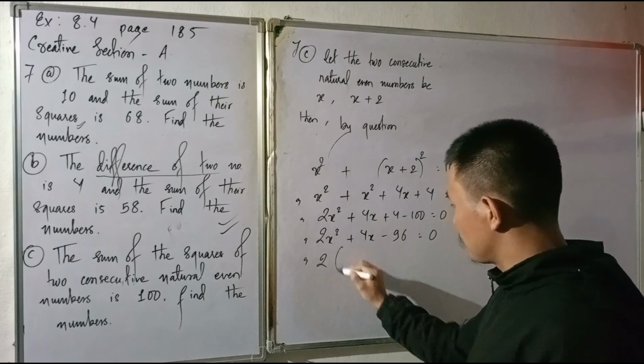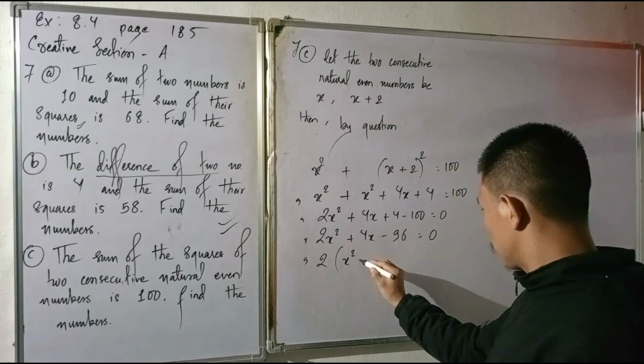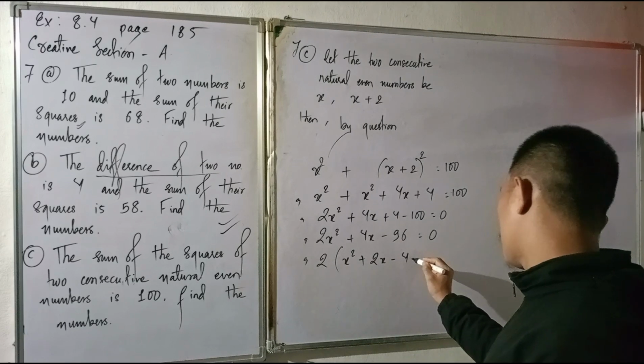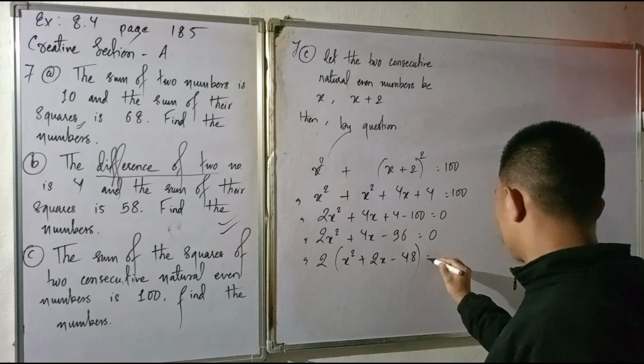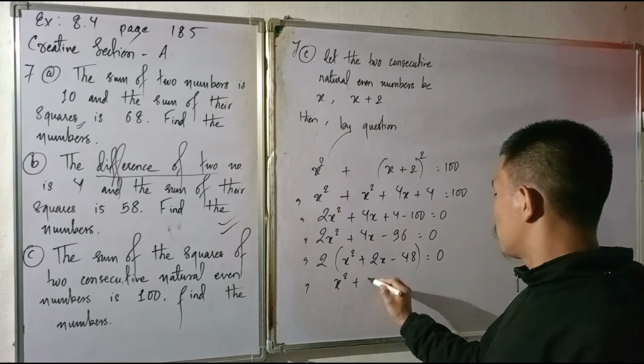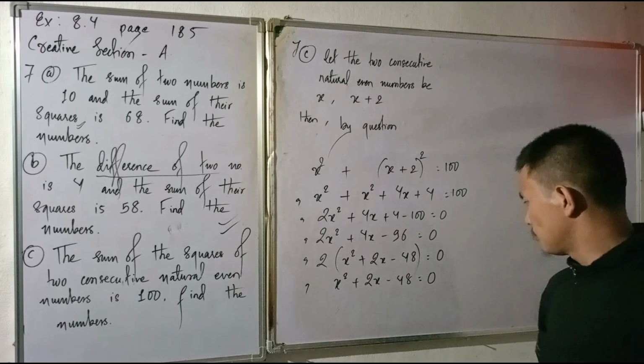Now you can take 2 common, yes, 2 is common in all. Or x squared plus 2x minus 48 equals 0.